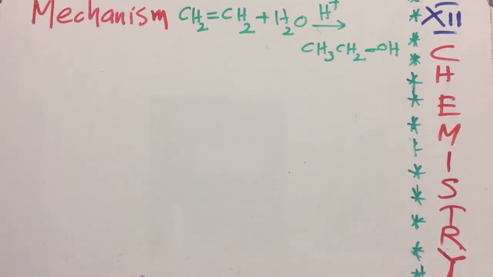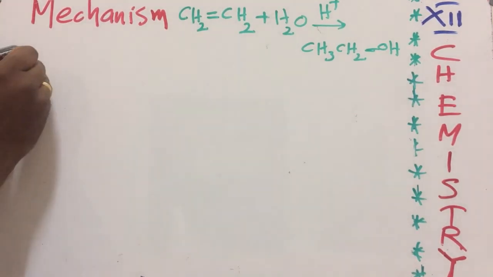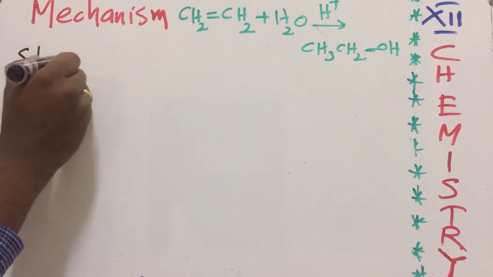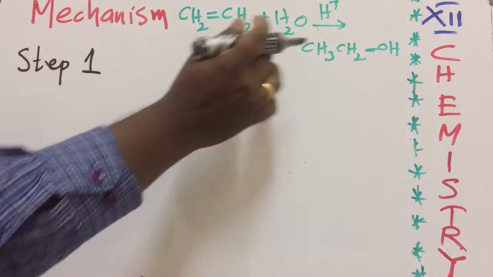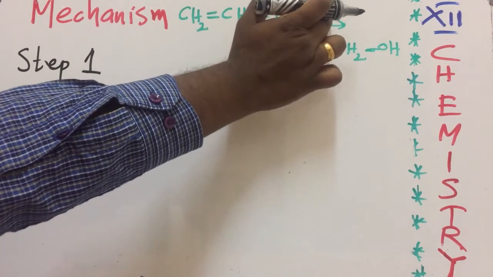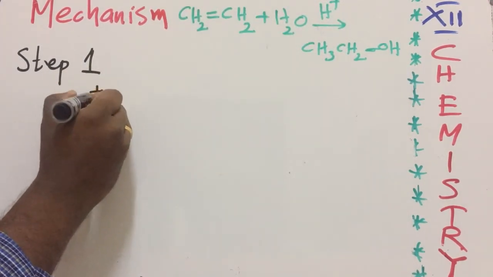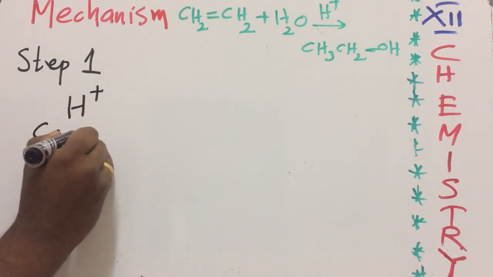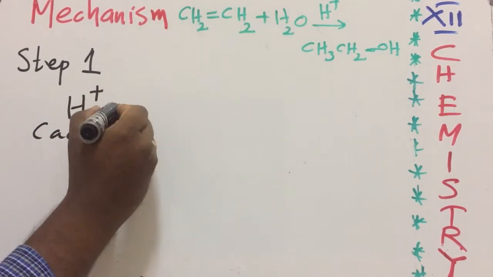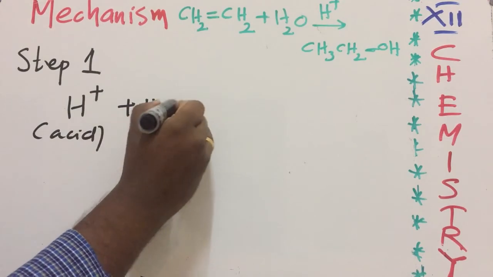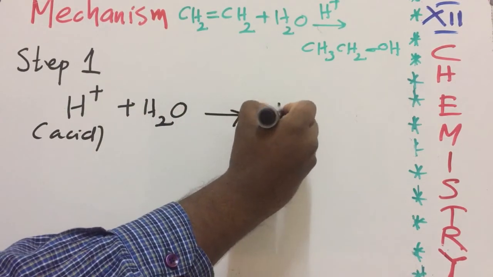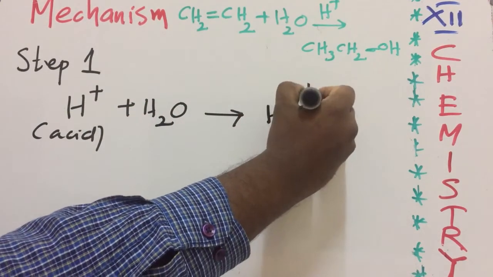The mechanism of acid catalyst hydration of alkene to alcohol mainly involves 3 steps. In step number 1, H plus from acid combines with water to form the hydronium ion, H3O plus.